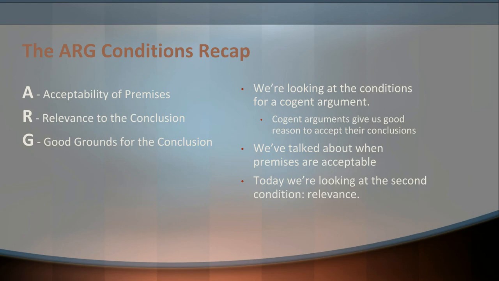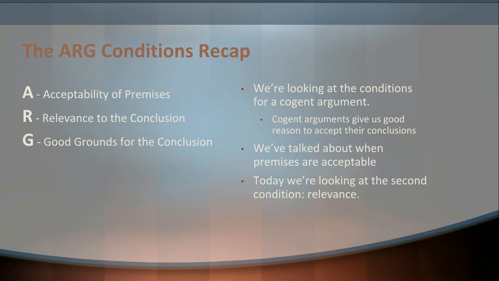A cogent argument has to have acceptable premises. Those premises have to be relevant to the conclusion. And those premises on their own and taken as a whole unit have to give us good and sufficient grounds for believing that conclusion. Now, so far, we've talked a little bit about the acceptability of premises. We looked at some situations where we can automatically judge a premise to be acceptable, like when it's a matter of common knowledge or when it's a priori true.